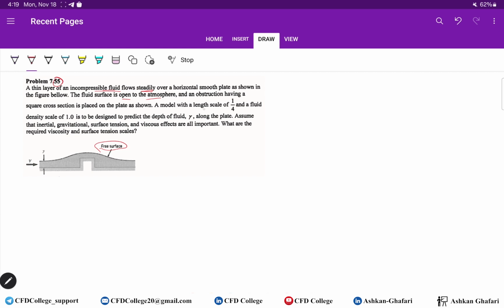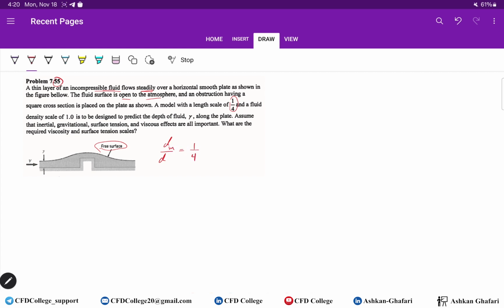A model with a length scale of 1/4. So the scaling is 1/4. It means that D or L, whatever characteristic length you have in the problem, Dm over D equals 1/4.